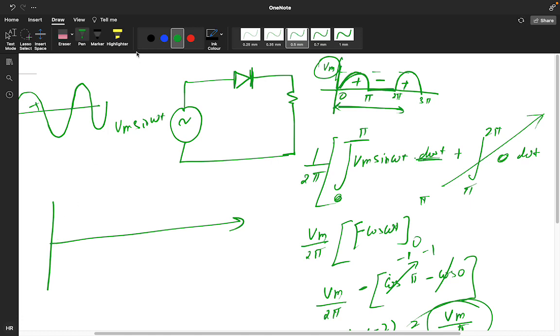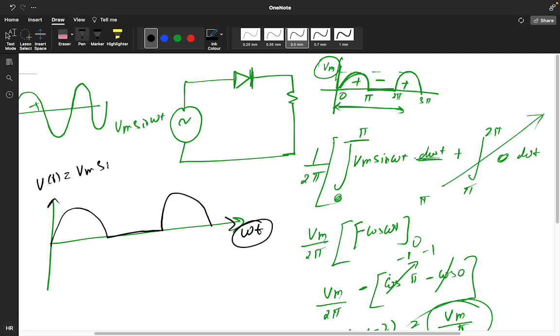This is your positive cycle, this part is the negative cycle. We are assuming omega t on the axis, and this is v of t. The signal is Vm sin omega t, active from 0 to pi, and from pi to 2 pi it is off.